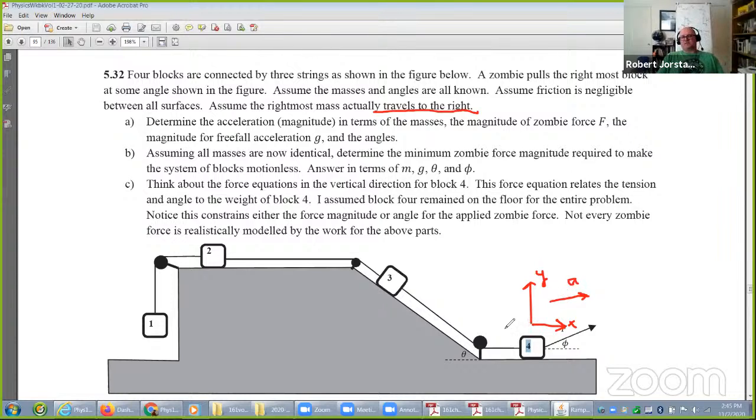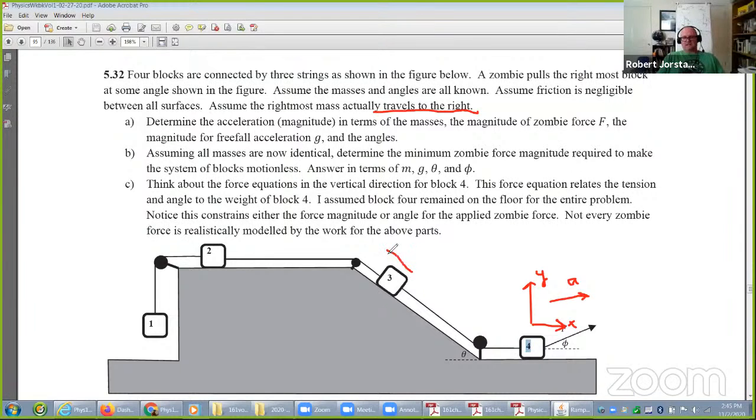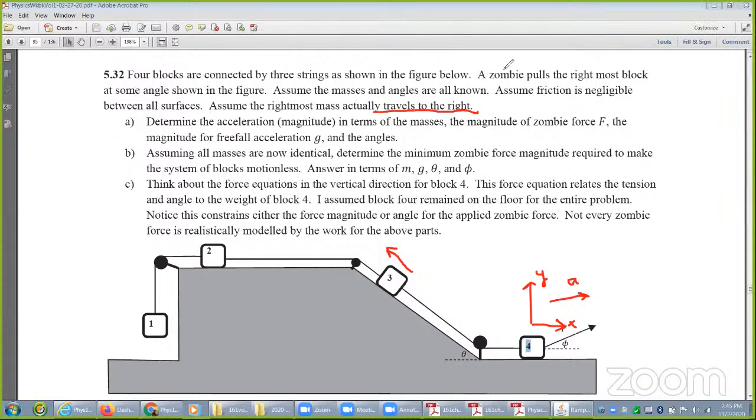Okay, so Esteban, based on that, what do you think I would want you to do for block 3? You would have a coordinate system parallel to the ramp. Okay, like this? No. Aha, like what? So you would keep the L the same, just slant it.